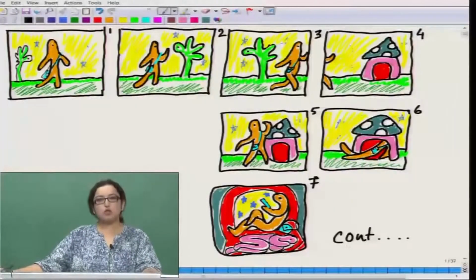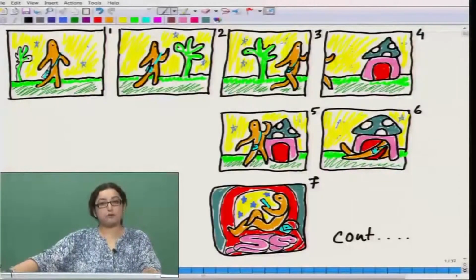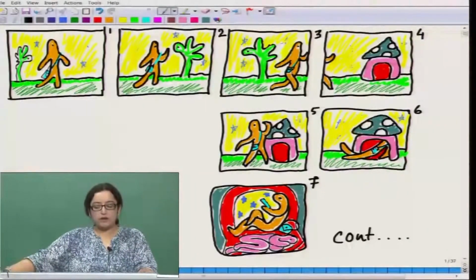Repetition is one quality that is a must, but we have different approaches of showing this repetition. Let us try to see that with some examples. So, this is one example of a movement where it is happening in different sequences.